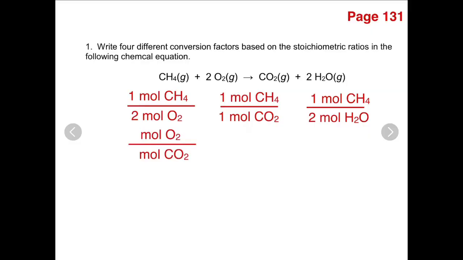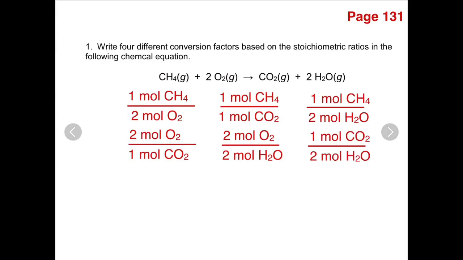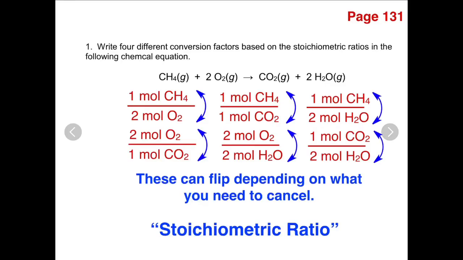You can also compare between moles of oxygen and carbon dioxide, so it would be 2 to 1, or oxygen and water, or carbon dioxide and water. Between the two reactants, you can do that as well. Note that these conversion factors can flip depending on what unit you want to cancel. If you want to get rid of oxygen, then the moles of oxygen need to be on the bottom.